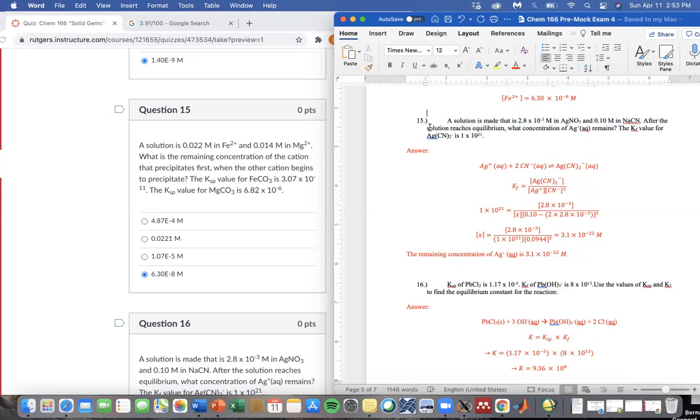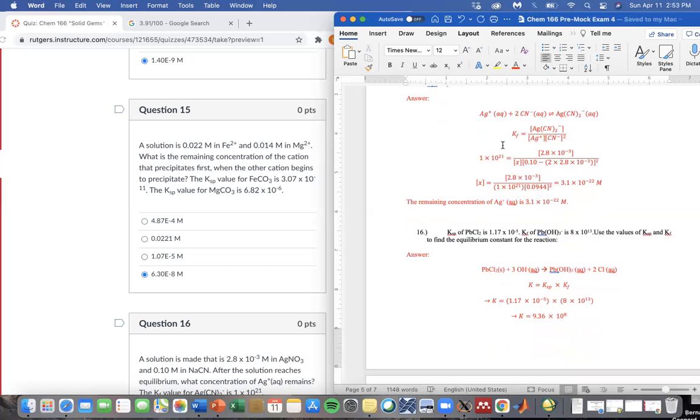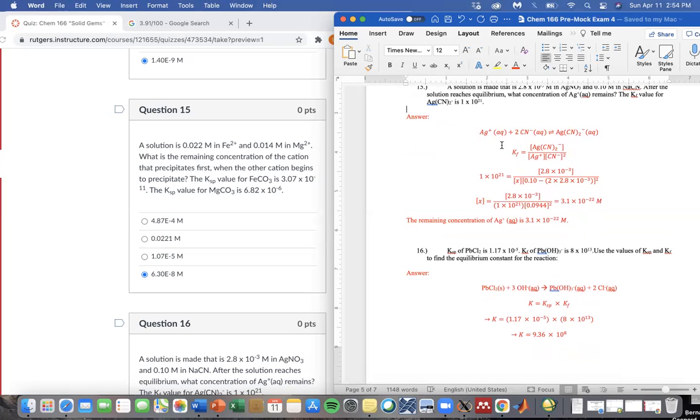To figure out what concentration of Ag plus remains, we're given the KF to solve for how much Ag plus is going to be remaining after it reaches equilibrium. This is what you did in recitation on Tuesday.